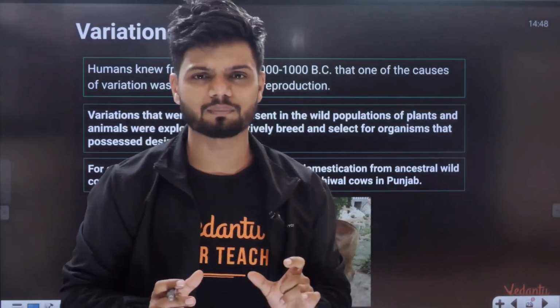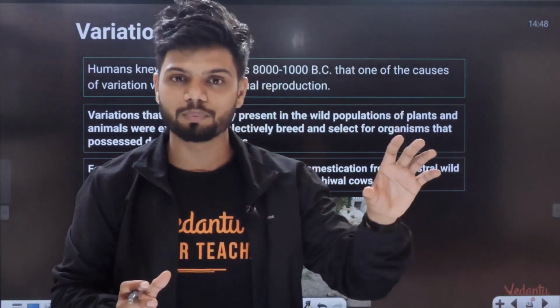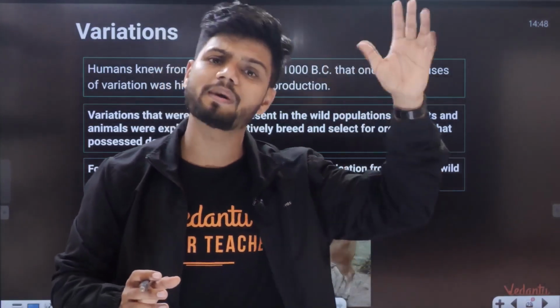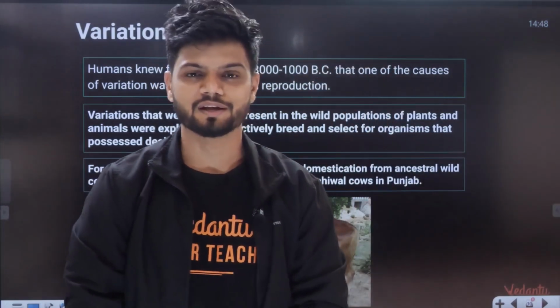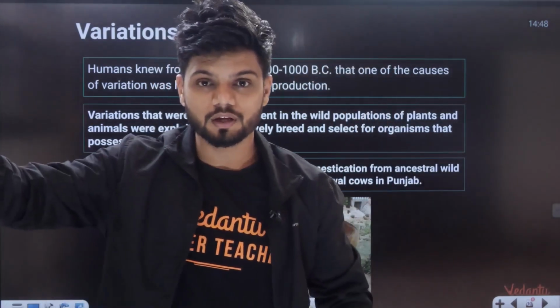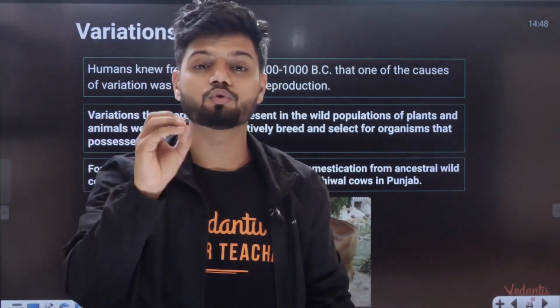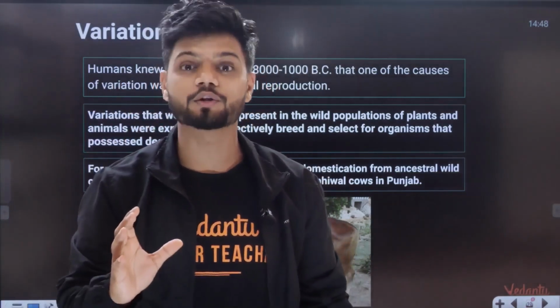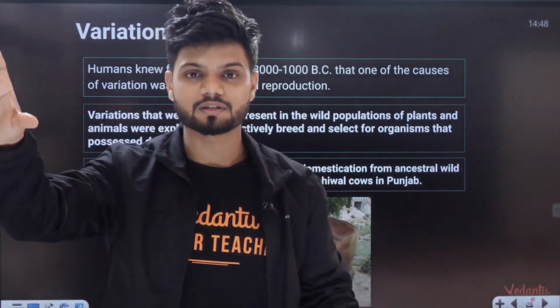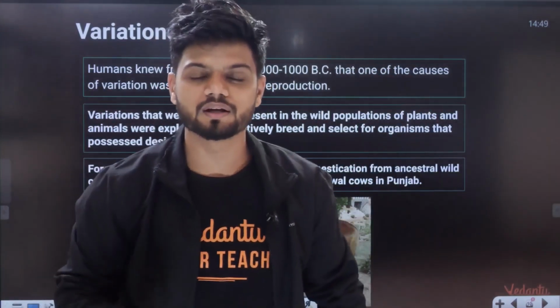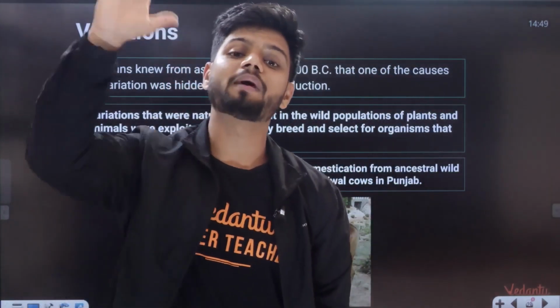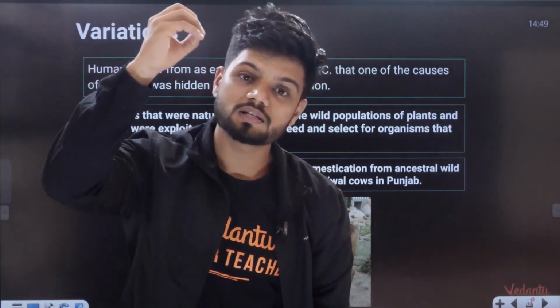I'll give one more example. I have one mango plant which is producing a lot of mangoes, but the mangoes are not sweet. But I have one more mango tree that produces very few mangoes but very sweet ones. So select these plants, combine the two, and we get a new plant with a lot of mangoes, all of them sweet.